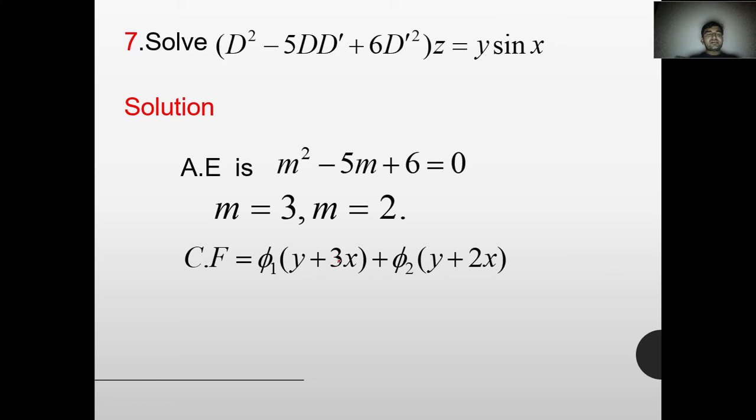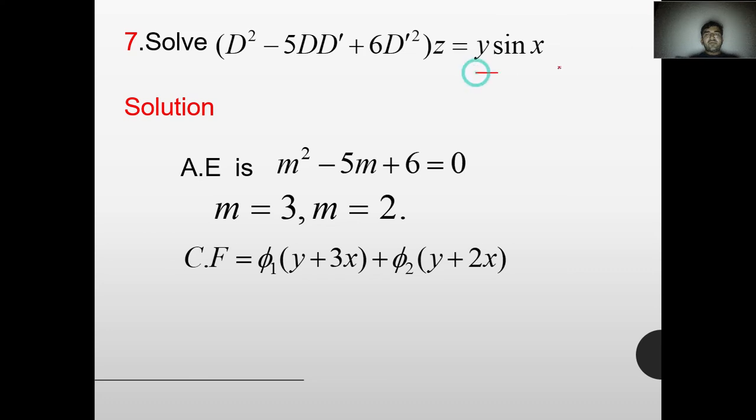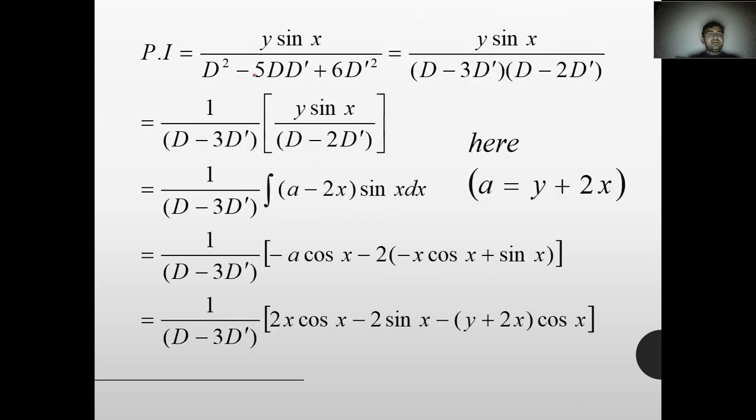Next, the particular integral. The particular integral is equal to 1 upon f of D, D dash of y into sin x, which is y into sin x upon D minus D dash, expand this, D minus D dash into D minus 2D dash.